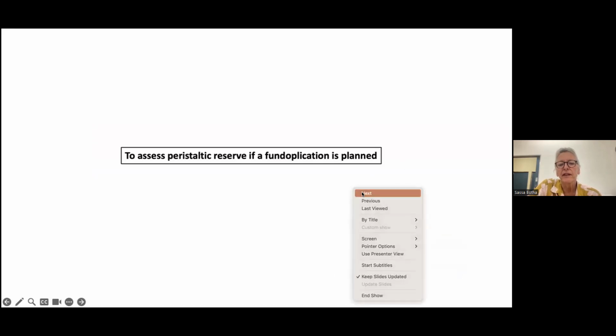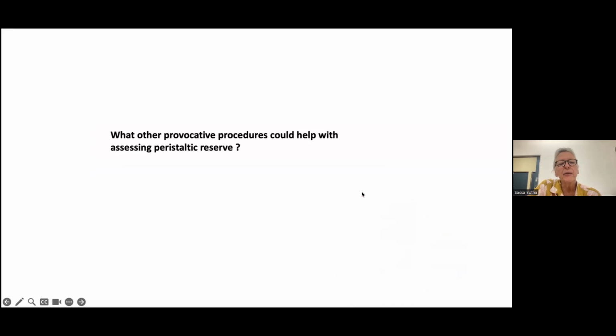Okay, we've covered that. What other provocative procedures could help with assessing the peristaltic reserve? It was the multiple rapid swallows and the rapid drink challenge. Yes, the rapid drink challenge, and the third one? A solid. That's right, the solid swallow. So that's where with the new Chicago, we do Chicago version 4.